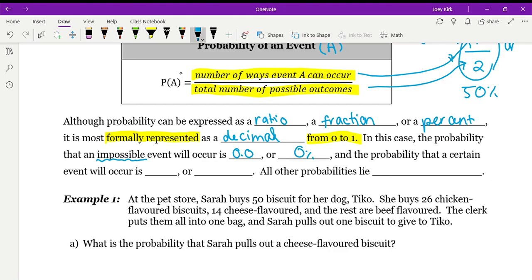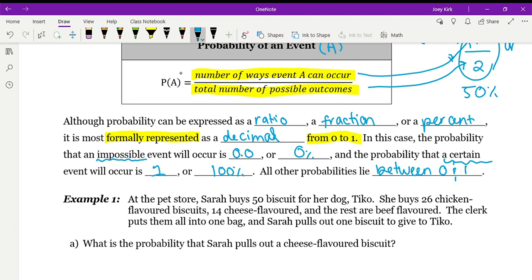The probability that a certain event, one that is definitely going to happen, will occur. Let's say I ask you what's the probability that the sun comes up tomorrow. It's pretty much 100%, so we're going to call it 1 or 100%, barring anything spooky in sci-fi. And all other probabilities are going to lie between 0 and 1.